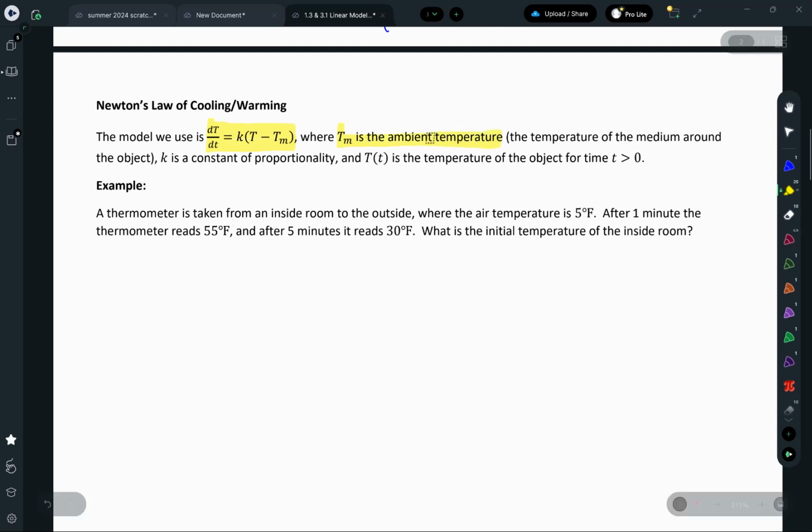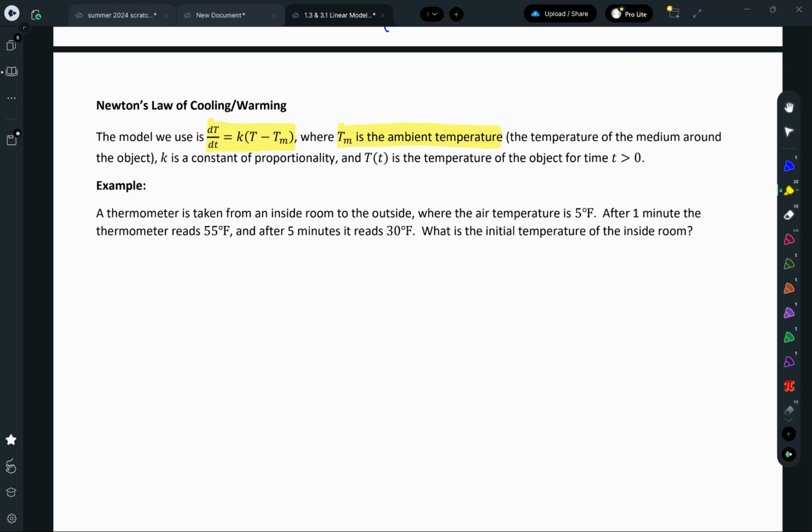And I know that people struggle with what the heck is an ambient temperature? Well, it's just the temperature around the object. But the words that some of the books use are kind of confusing. Number one, ambient temperature isn't obvious for everyone. And temperature of the medium around an object isn't clear either. But it's basically just like, what's the temperature of the room or the area where the object is.